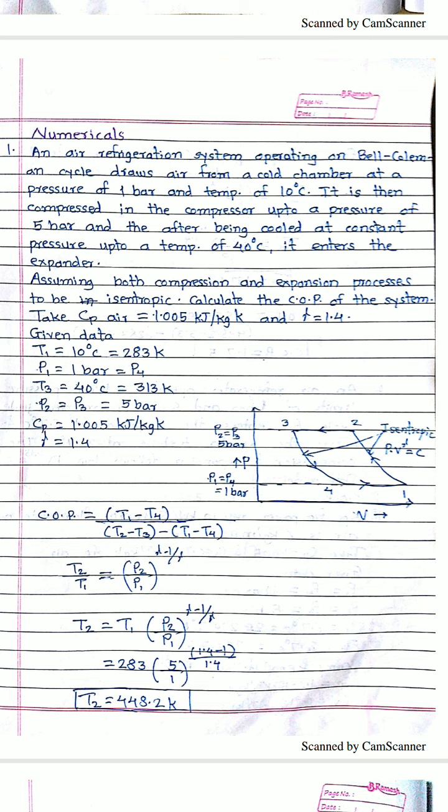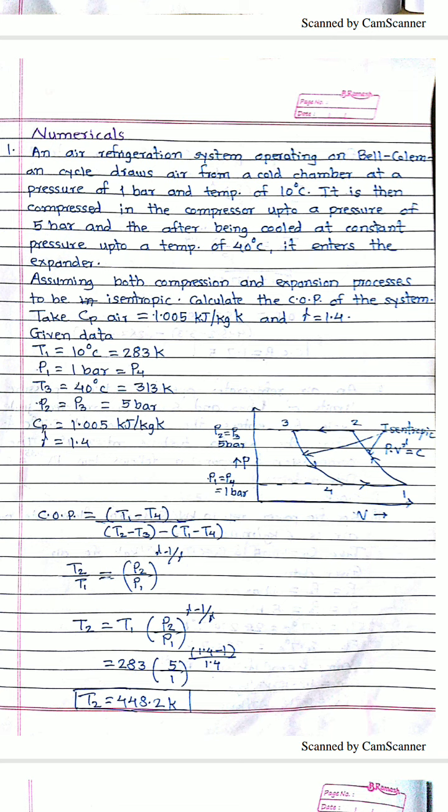Both quantities are the same because Rp is the pressure ratio. So T2 we have to calculate, and T1 we know is 283. Taking T2 on one side, T2 is equal to T1 into (P2 upon P1) raised to (gamma minus 1) upon gamma.